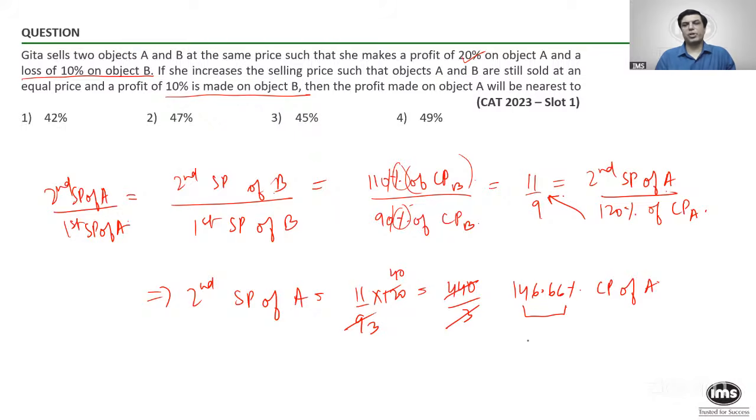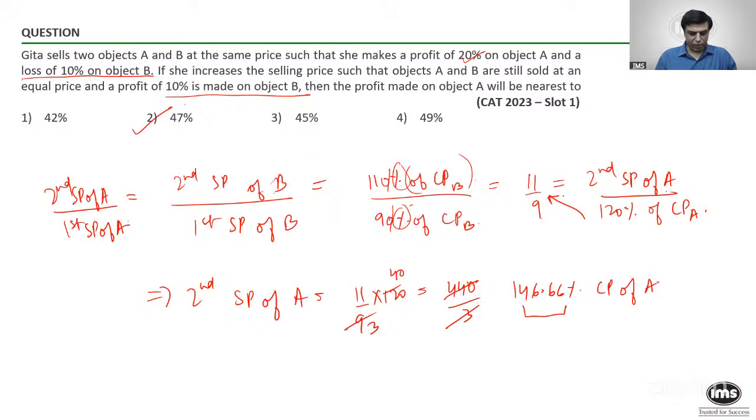How much is the profit? 46.66% or 47%. And again, you can see that this is a shorter way of solving, a better method of solving. Okay. Now, is this clear?